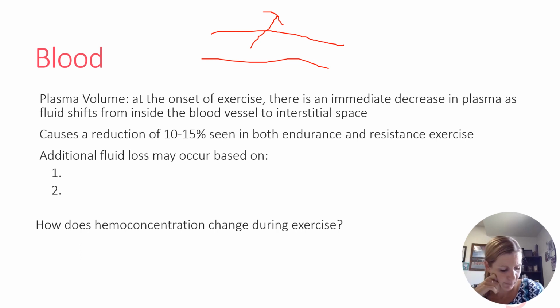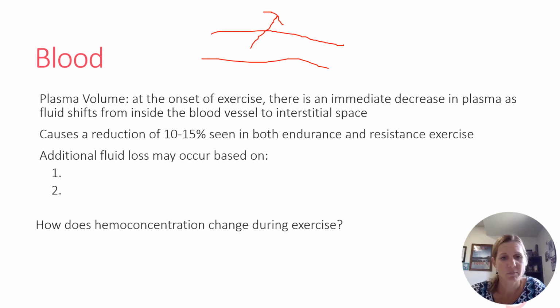Additional fluid loss can also be a factor to keep in mind, because the fluid in your body is able to float around these different areas pretty easily. So interstitial space, fluid within the blood, intracellularly. Fluid can move pretty easily from place to place.